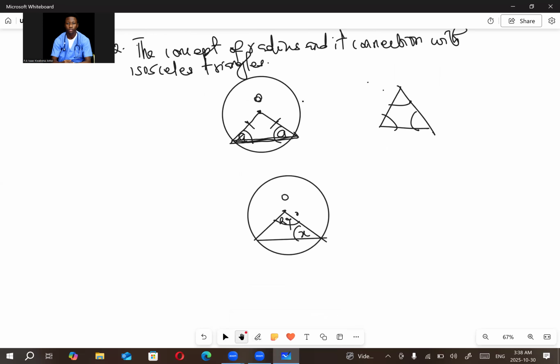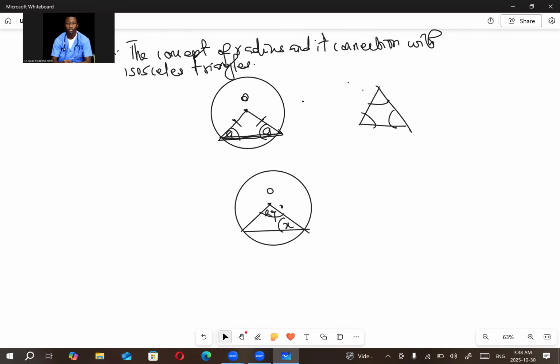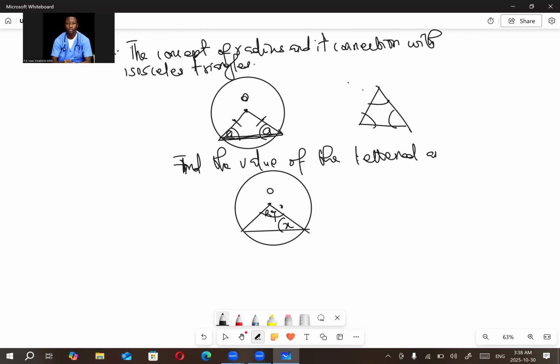You let me finish. When you go on break, you can look for it. So this is a question. It's a question in plane geometry too, and the question goes this way: find the value of the lettered angles. O is a center.